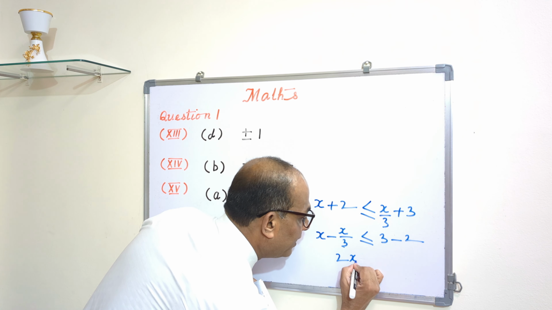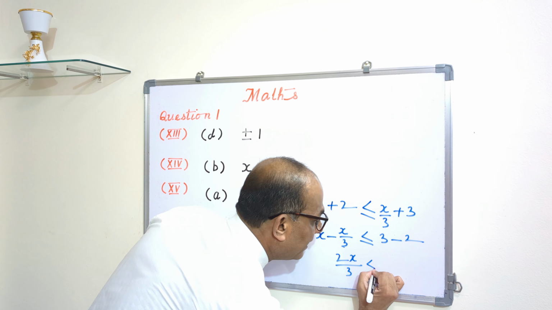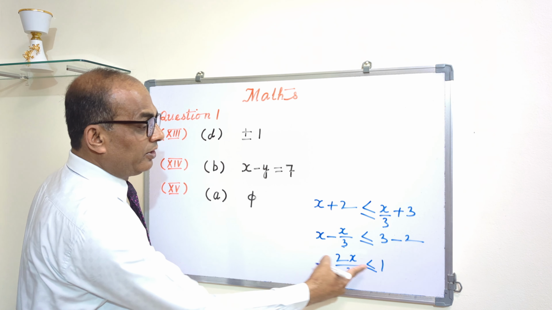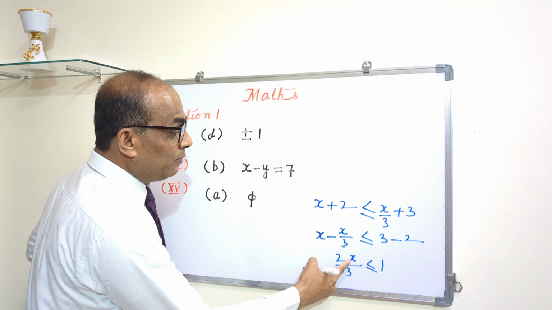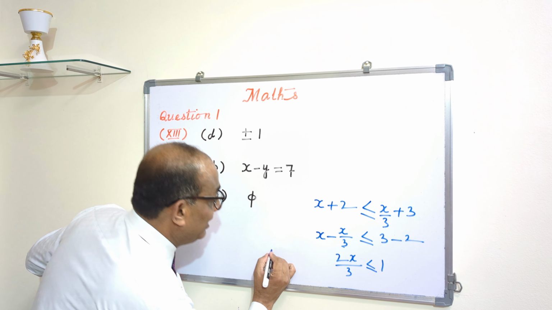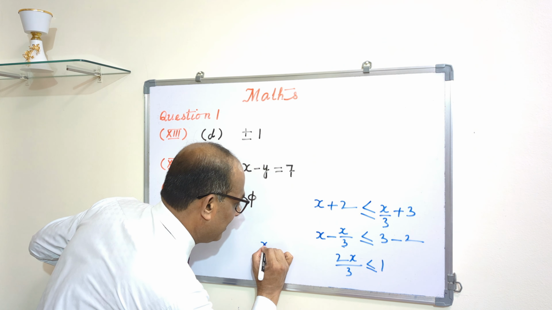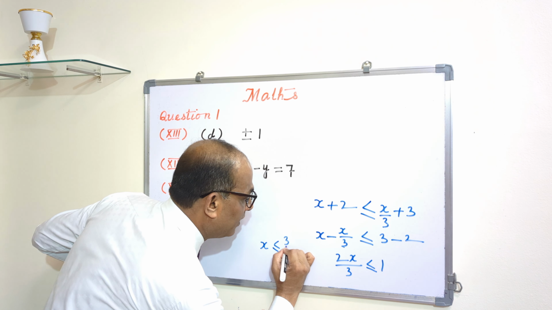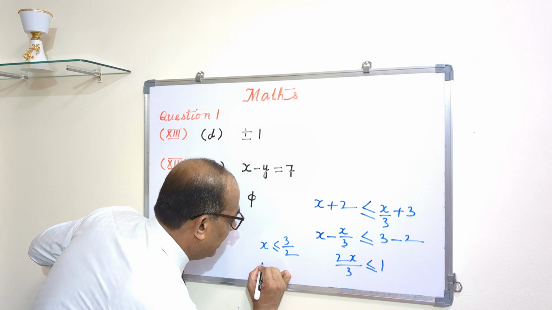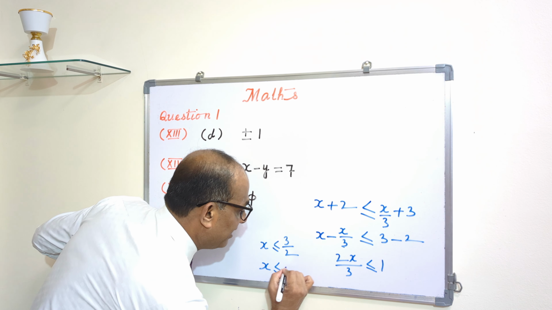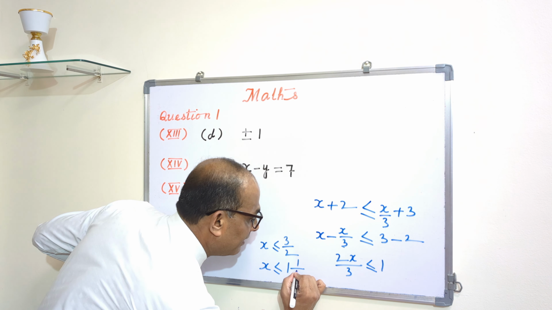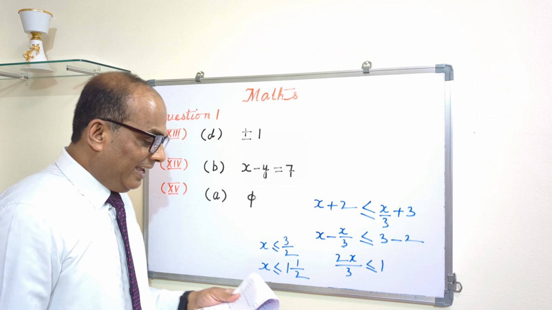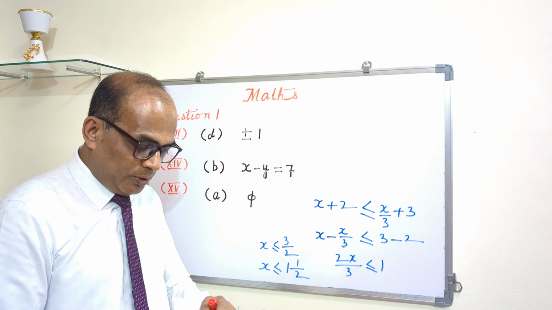So we get 2x upon 3 is less than or equal to 1. So from here we get 2x is less than or equal to 3. That means x is less than or equal to 3 upon 2. That means x is less than or equal to 1 upon 2. X is less than or equal to 1 upon 2.